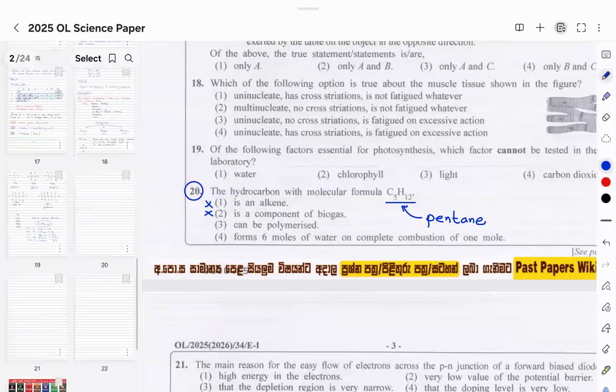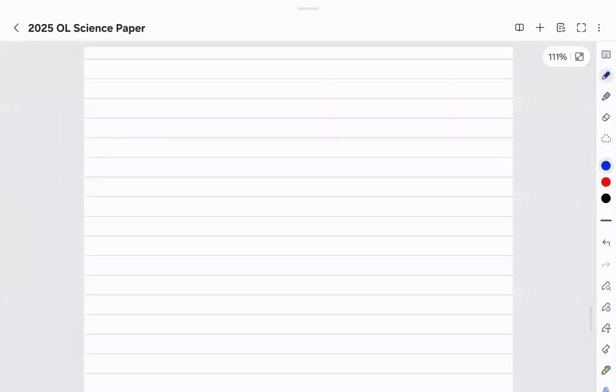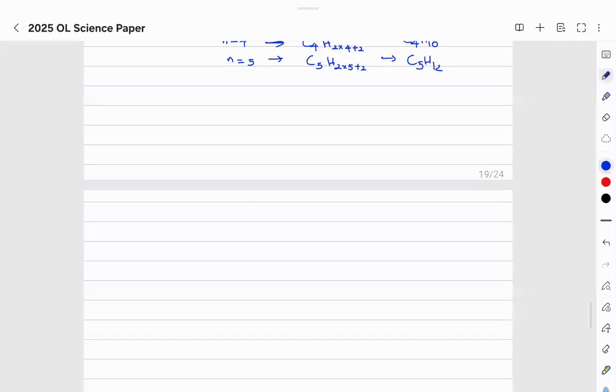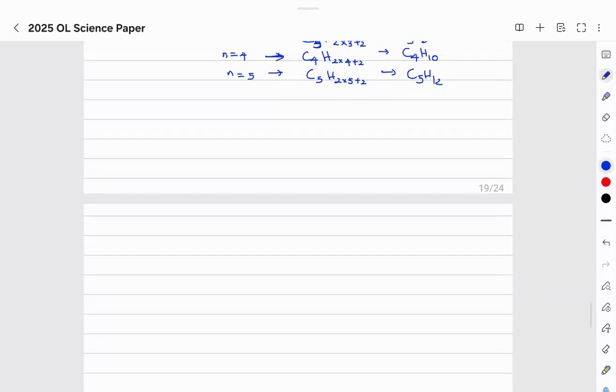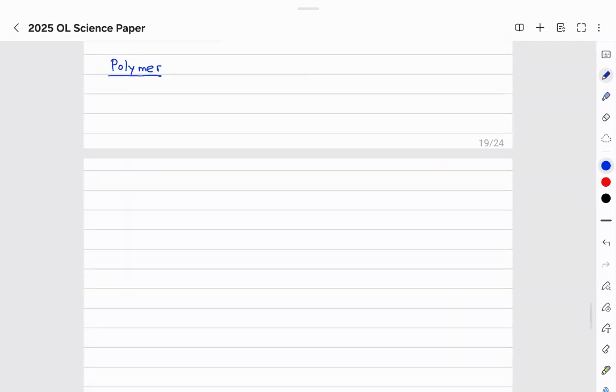What does it mean by a polymer? And what does it mean by polymerization?